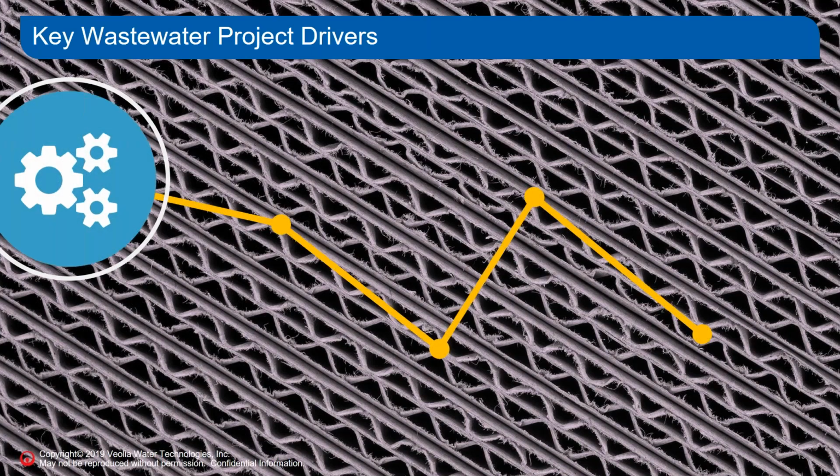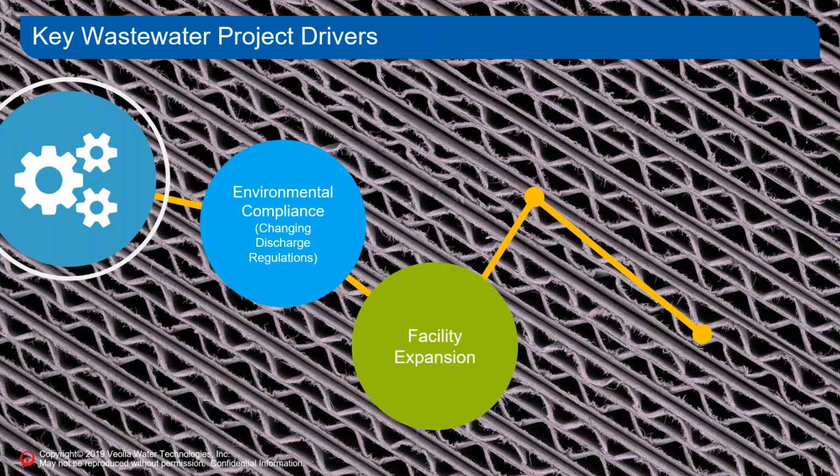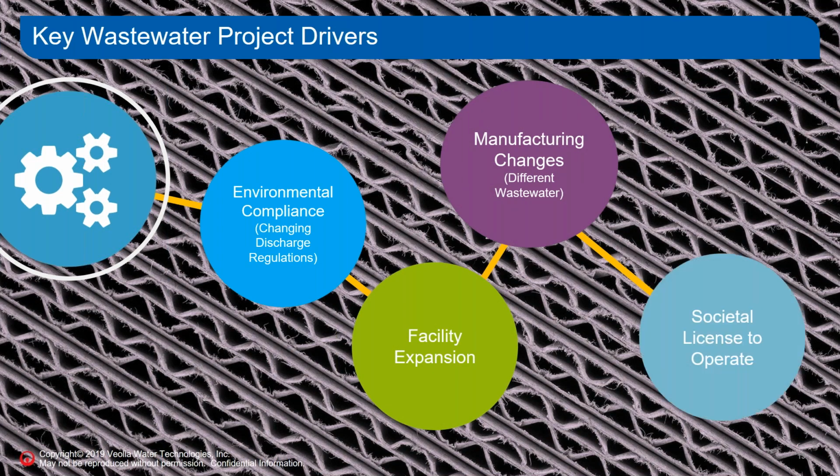So what drives these projects? Of course, environmental compliance is the first major driver. You need to meet certain effluent conditions and criteria before you can discharge, so that will call for certain treatment technology. Another driver is expansion: if you're expanding your facilities and you have more wastewater, you need more capacity.